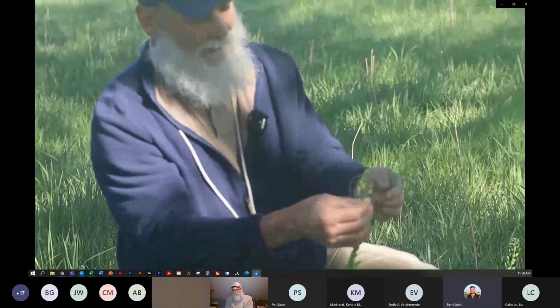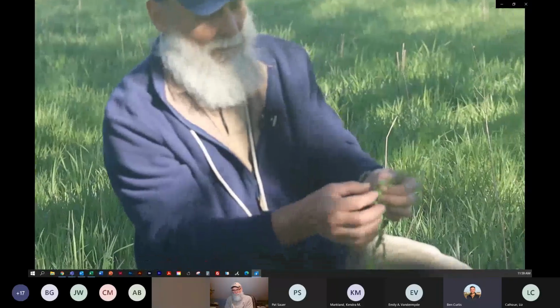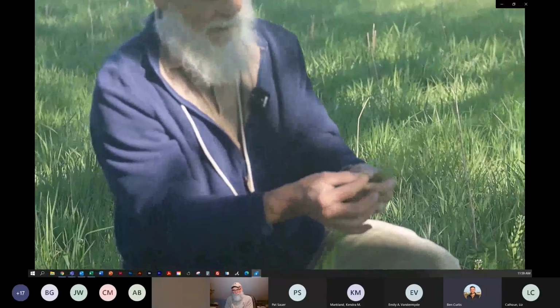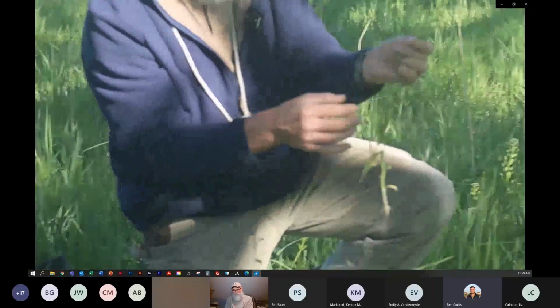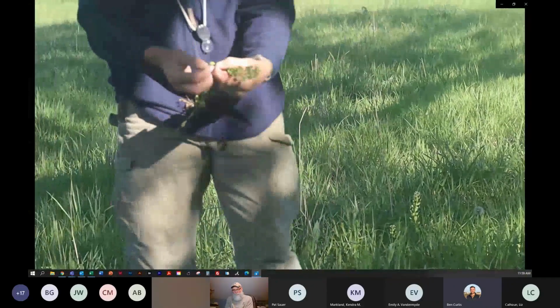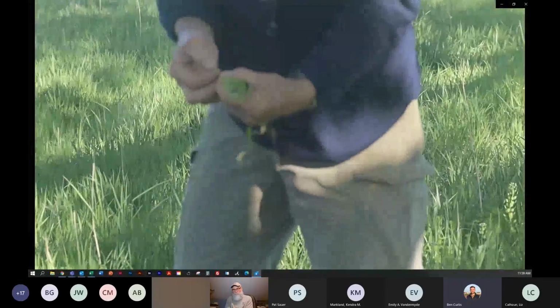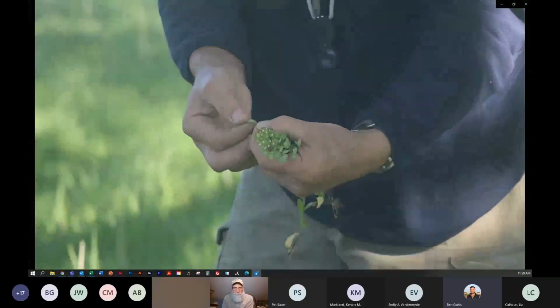So in the mustards, the Brassicaceae, we classify the fruits as one of two types. This type right here, we look at the size of these fruits, the length compared to the width.